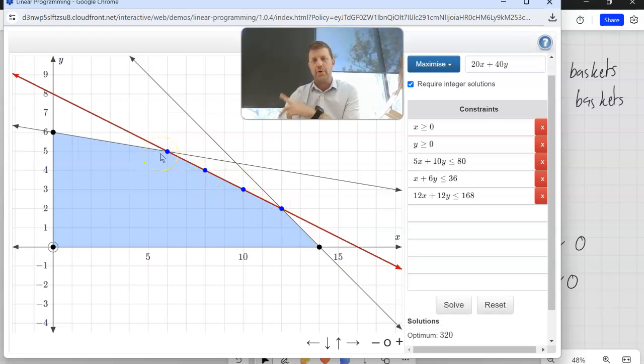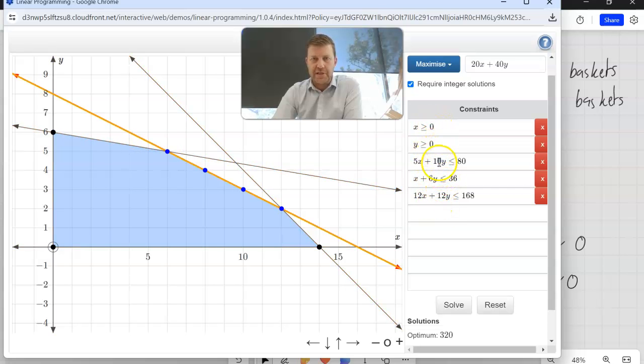Now, one other thing I will quickly point out before I wrap up this video is that for these problems that we solve using linear programming that have multiple optimal solutions, if you look at the objective function, in this case 20x plus 40y, it will actually match up with one of your constraints or inequalities.